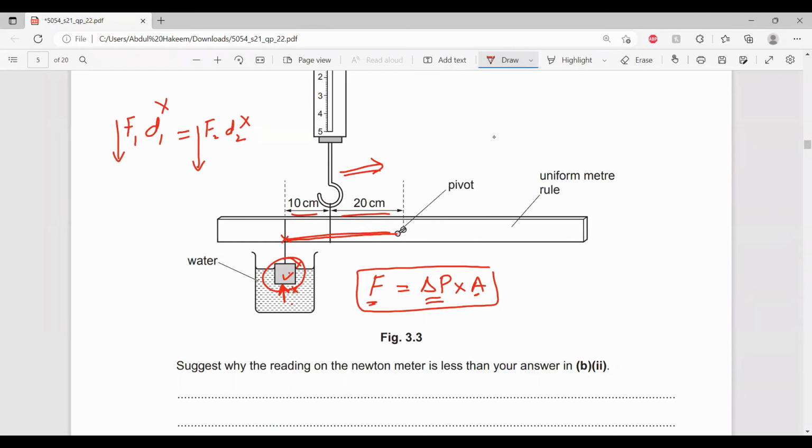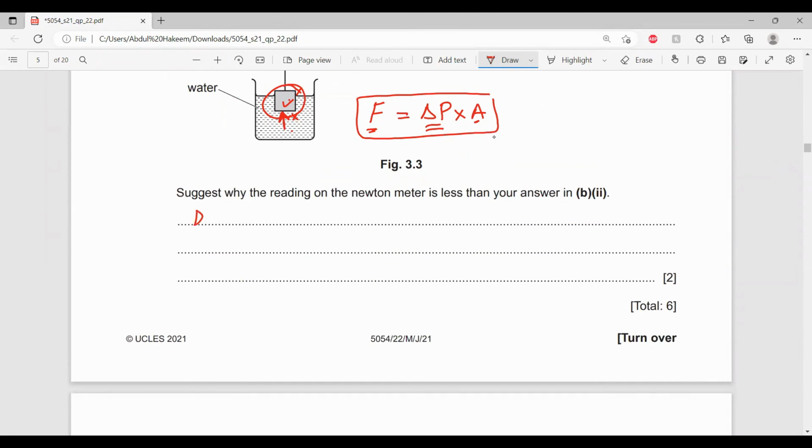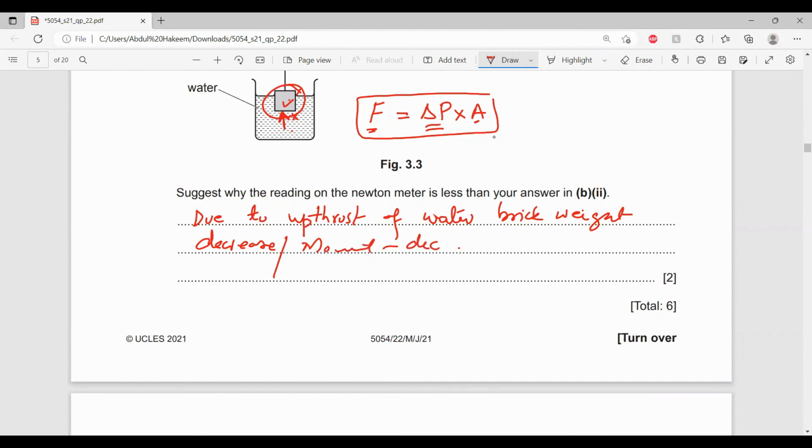So due to the upthrust of water, brick weight decreases, hence moment decreases. So less force is exerted on the meter.